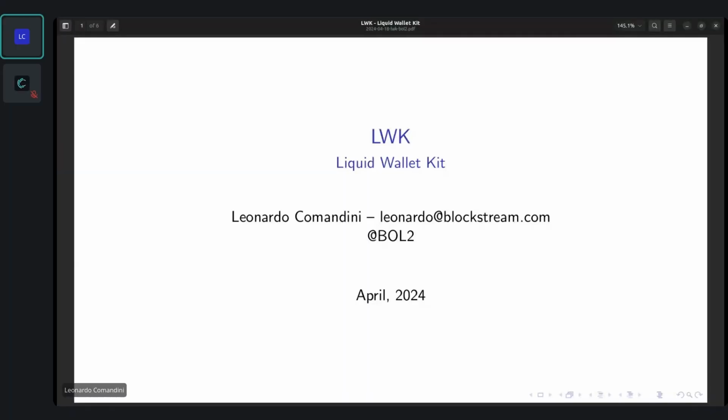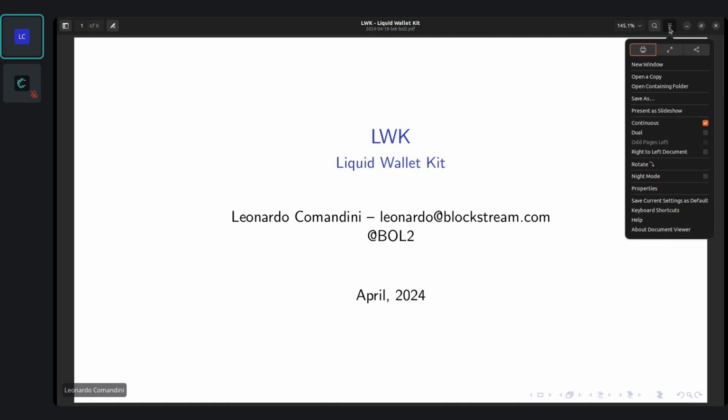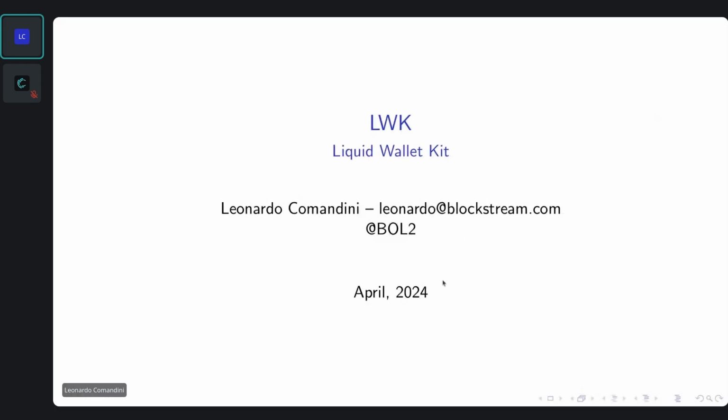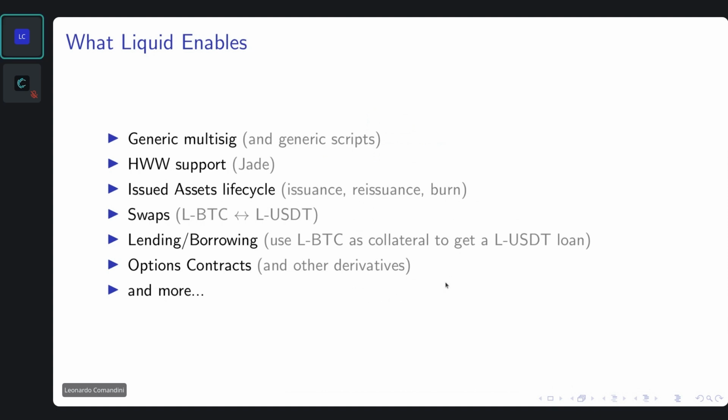I'll start with a quick presentation just to give a better idea of what LWK is and how it fits into the Liquid ecosystem. So first of all, if we think about Liquid, we know that Liquid enables a series of advanced features that are extremely useful in the ecosystem of this new way of using financial instruments with less trust involved.